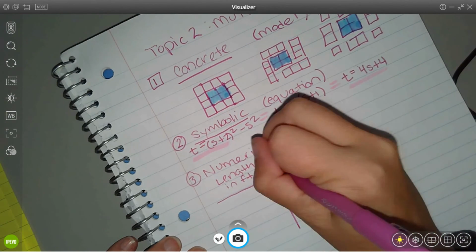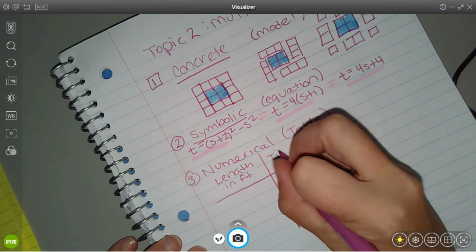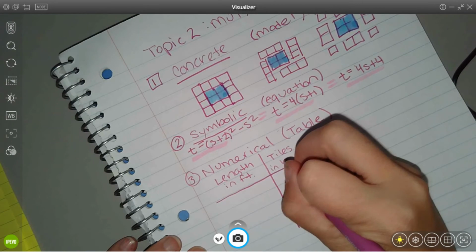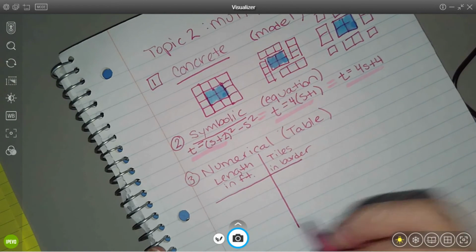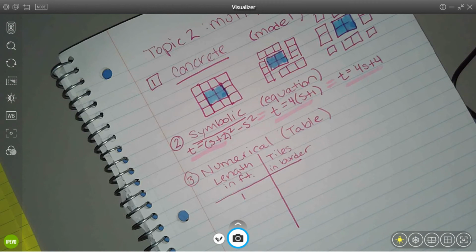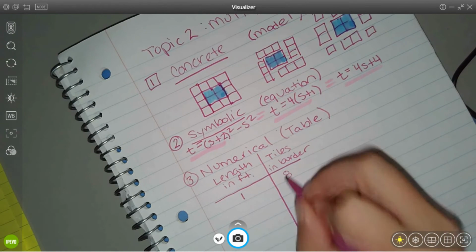We had the tiles in the border. And we went through and we said, if the pool was 1 foot wide, there was a total of 8 tiles in the border.